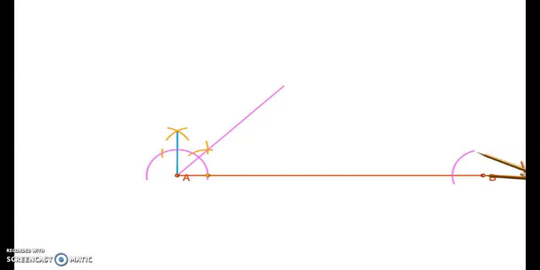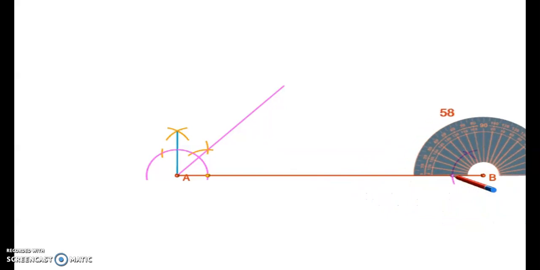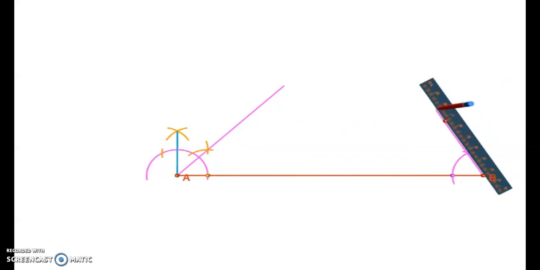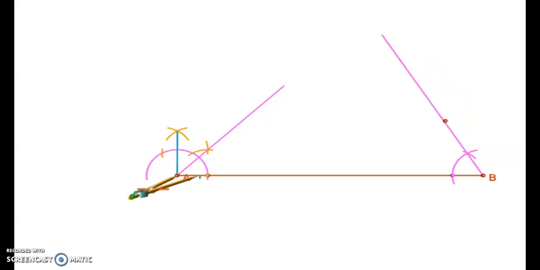Repeat as we did earlier at A. Mark the point of intersection, and with that point as center with the same radius, you draw an arc on the previous arc, and join it. Yes, if you measure with the protractor you will be just getting 60 degrees here. That is how it is constructed.